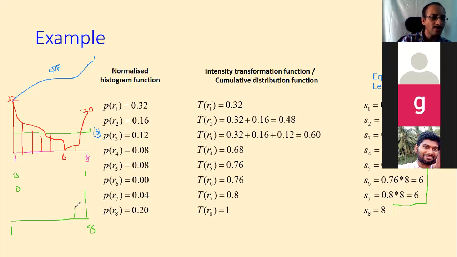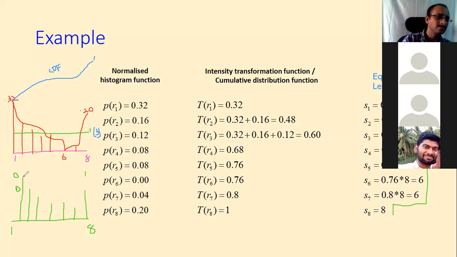Any other questions you have for this histogram equalization? Otherwise, I will move on to the next topic or next question in the lab sheet. Sir, how to take this equalized histogram plot?